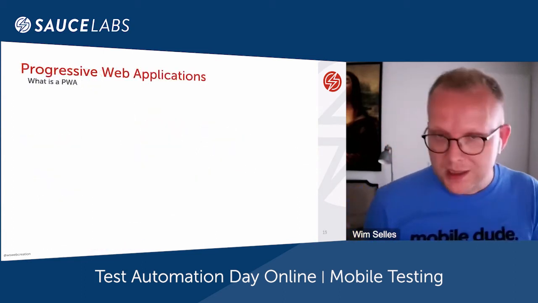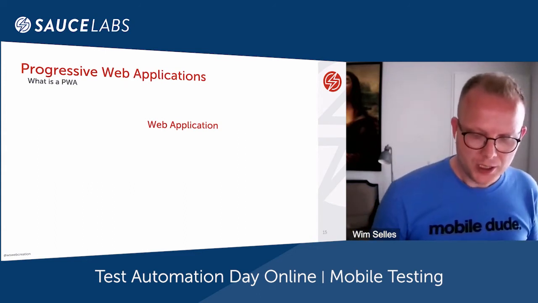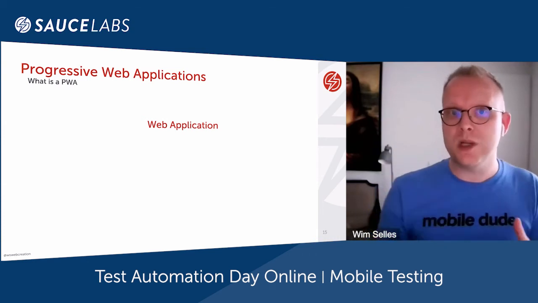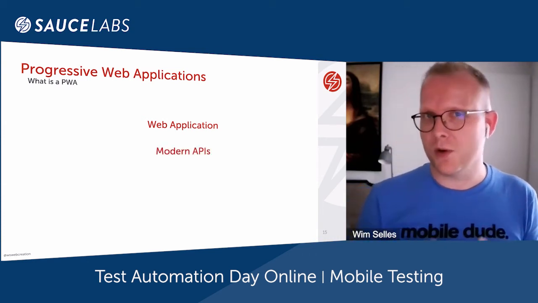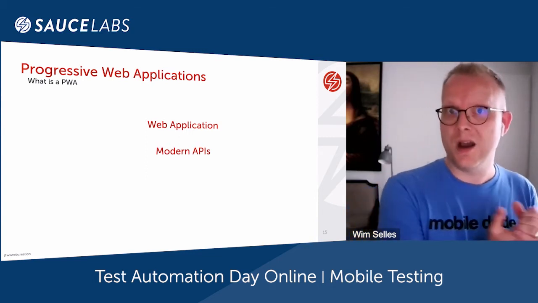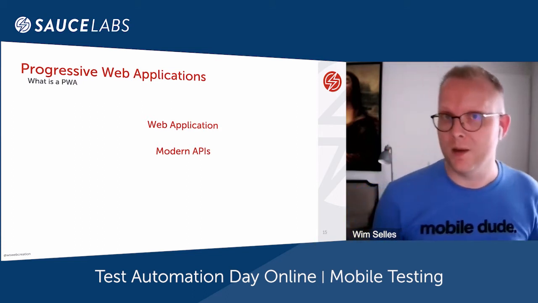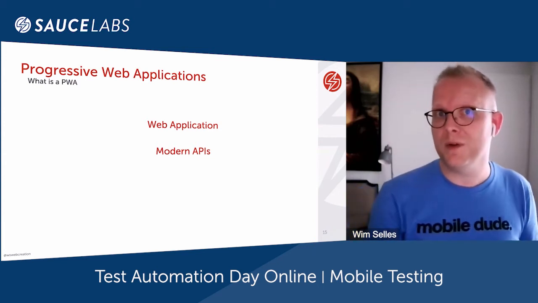A PWA is basically just a web application. The difference between your normal website and a PWA is that it uses modern APIs. With those modern APIs, it has the possibility to access certain hardware things on your device, like the microphone, the camera, the vibration mode, or even Touch ID or fingerprint.